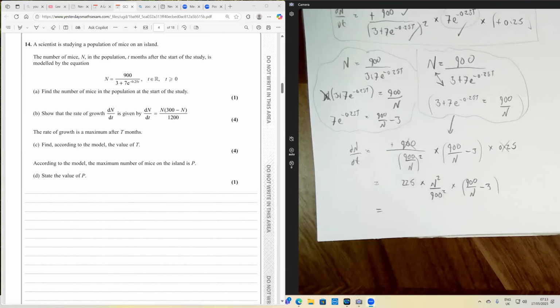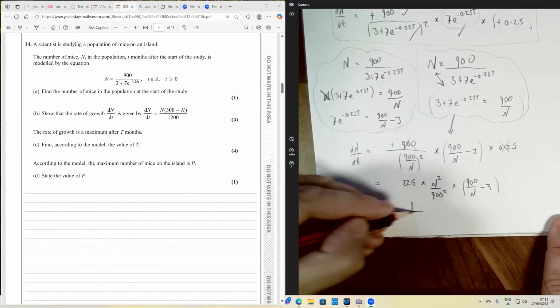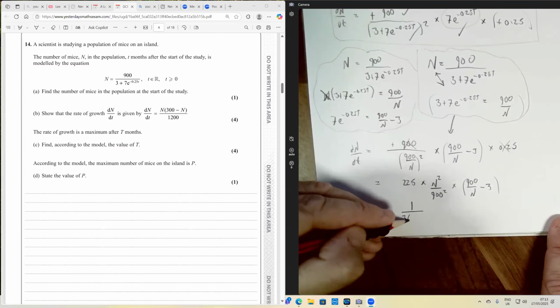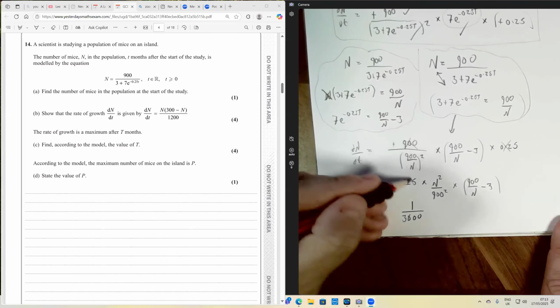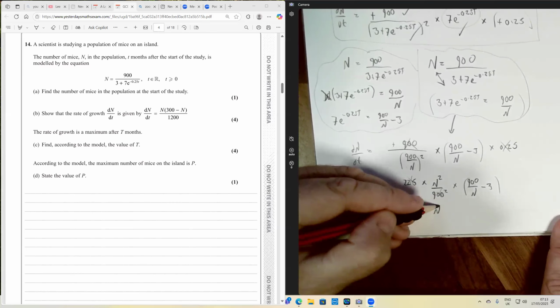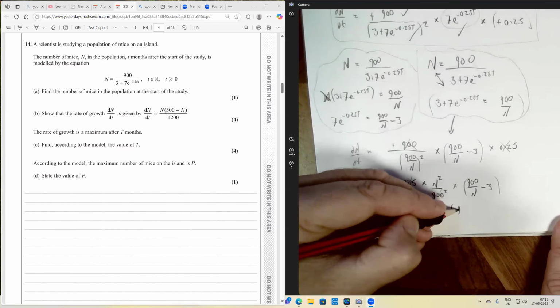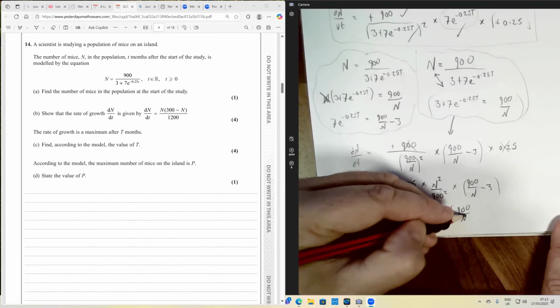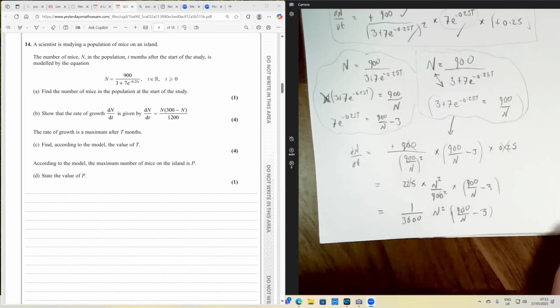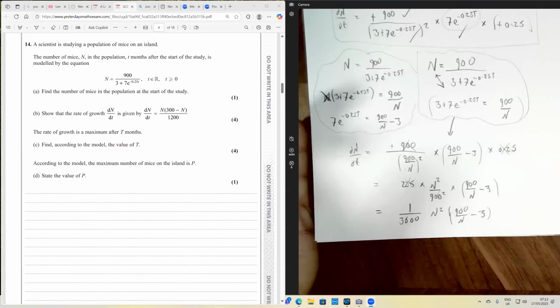So 225 divided by 900 squared is 1 over 3,600. So I've now dealt with that, and that is n squared times by 900 over n minus 3. Okay, starting to look a little bit better. We're kind of almost getting there now.